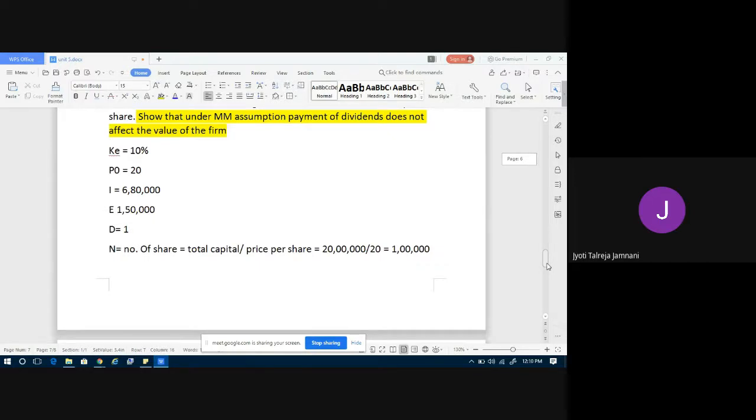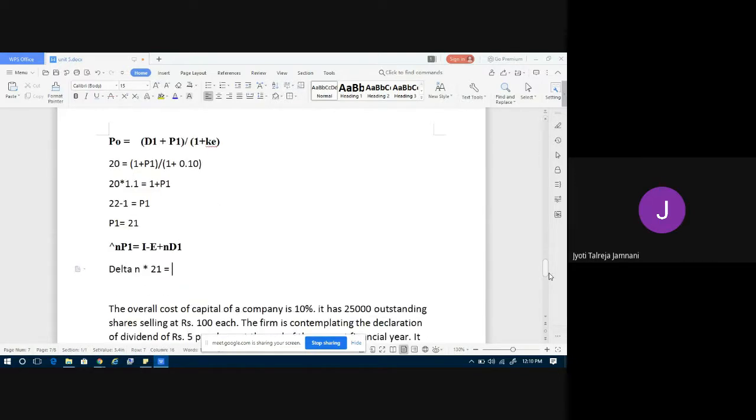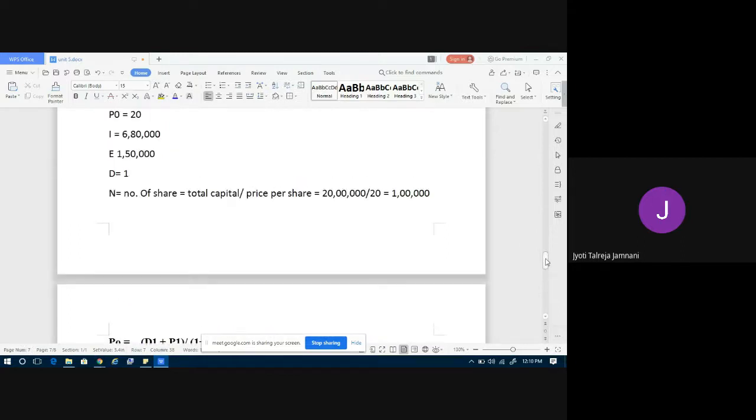Investments are 6 lakh 80 and earnings are 1 lakh 50. So investment 6 lakh 80,000 minus earnings 1 lakh 50,000 plus n into d1. N is nothing but the number of shares, which we found out here. N, the number of shares, is 1 lakh and dividend is 1 rupee.